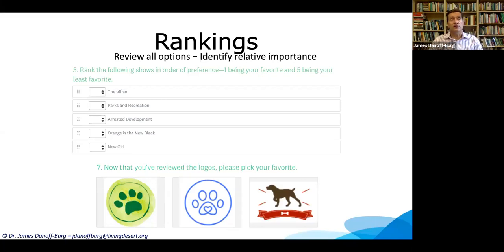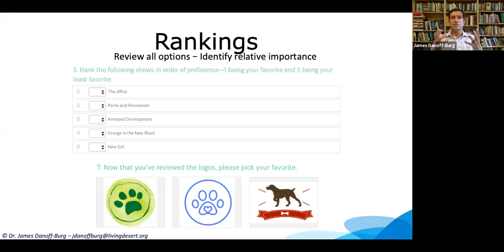Remember we talked about the card sorts? Card sorts are kind of a ranking. And so you could take the cards and arrange them across in front of the person, not in any kind of a linear fashion, but just kind of randomly on the table in front of them, and ask them to order them from most important to least important, or most dangerous to least dangerous, or most favorite to least favorite, from say left to right, or something like that.